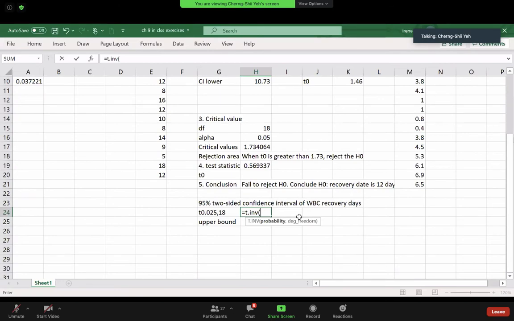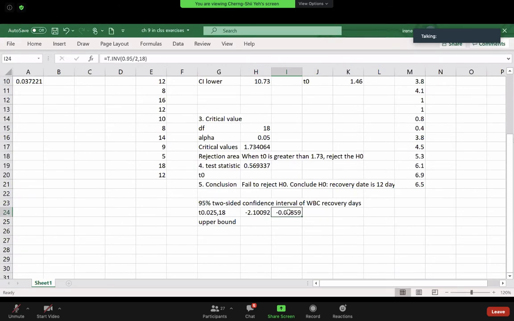Probability is alpha over 2. You can either use 0.025 or 0.95 over 2. Degrees of freedom is 18. I can either use this one to get a negative value or 0.95 divided by 2, 18. That's going to return the positive.